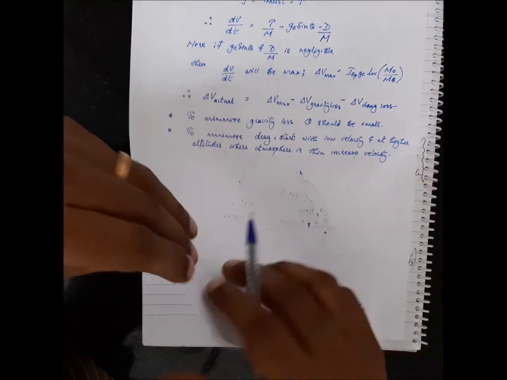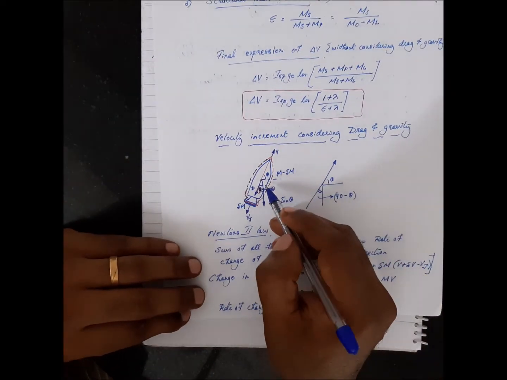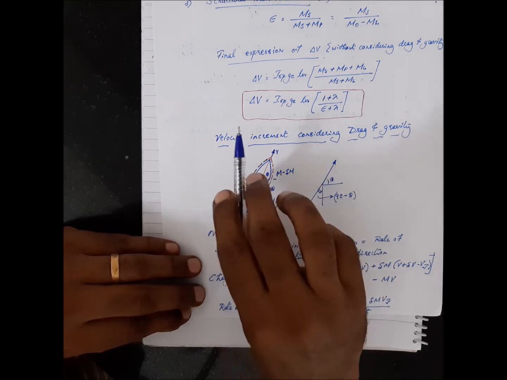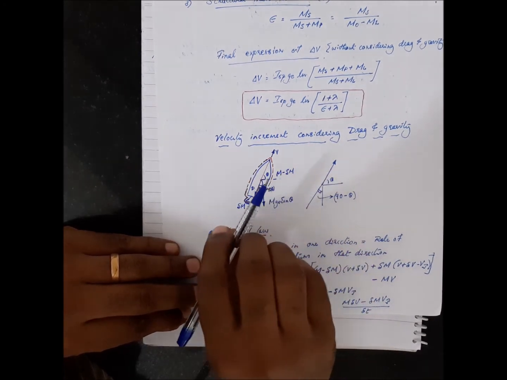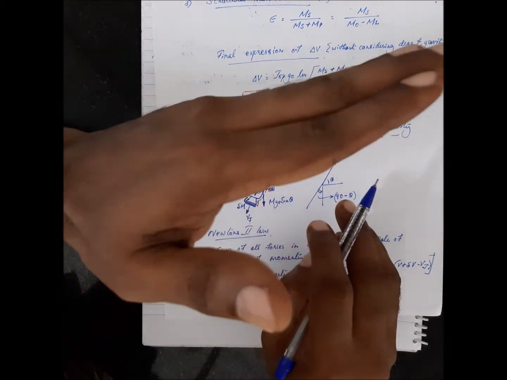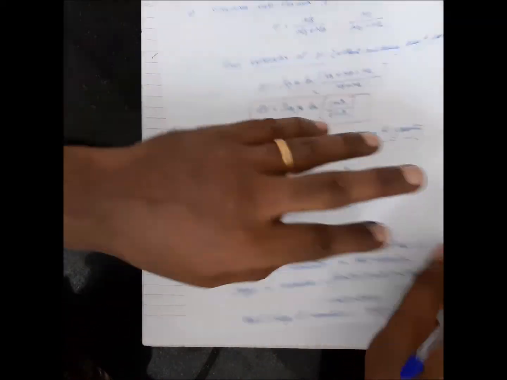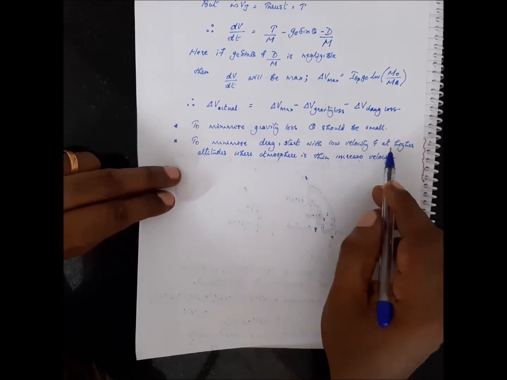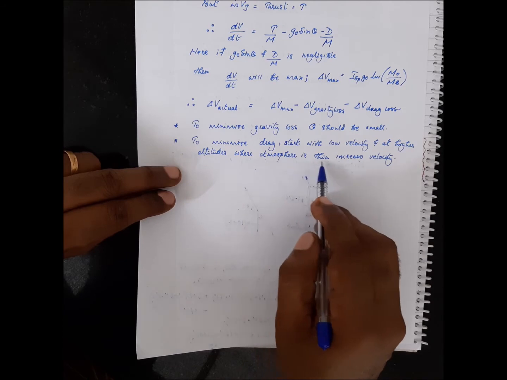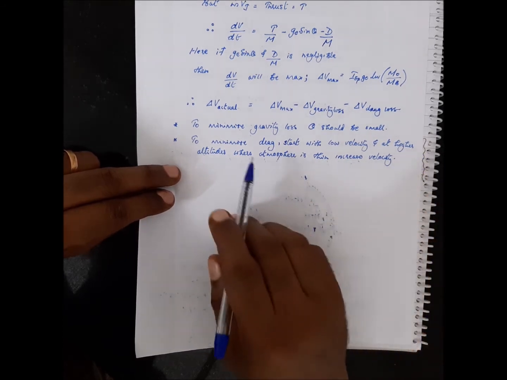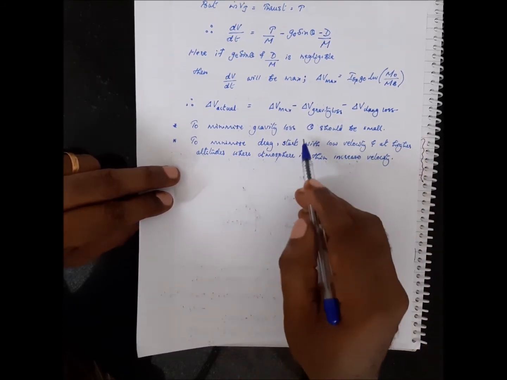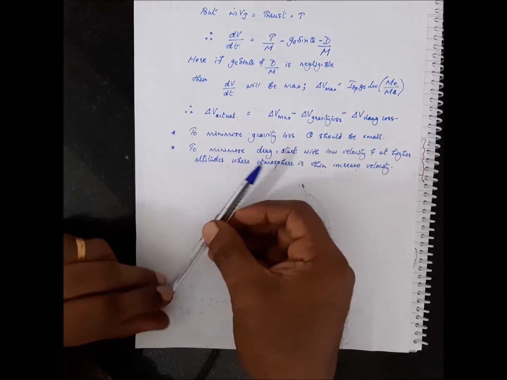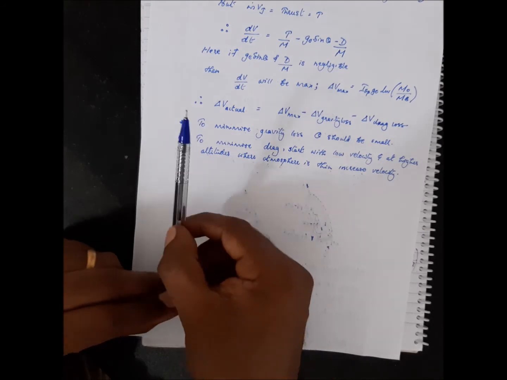To minimize the gravity loss, theta should be very small, not very large. So you have to climb up through the atmosphere at a very small angle. But to minimize the drag, start with a low velocity, and at higher altitudes where the atmosphere is thin, increase the velocity. It is actually contradictory, because to minimize the gravity loss you have to keep the rocket at a very small angle, not vertical.